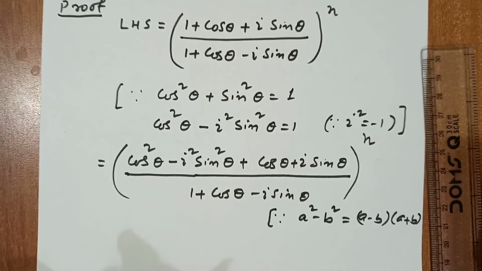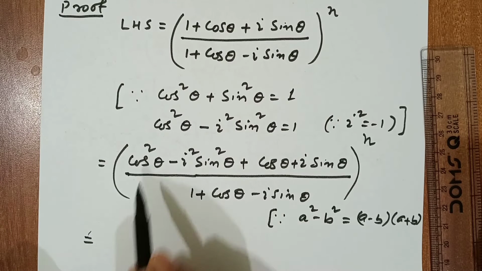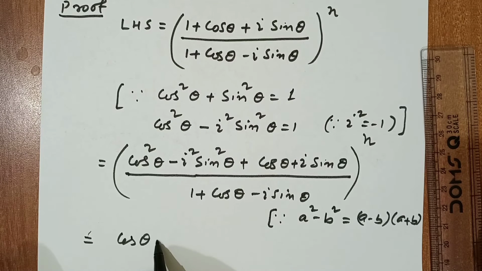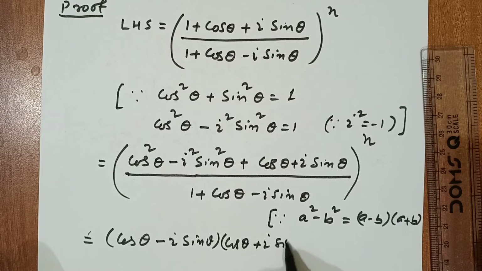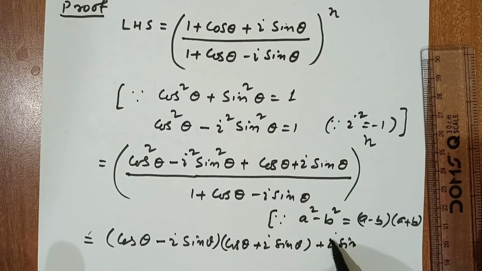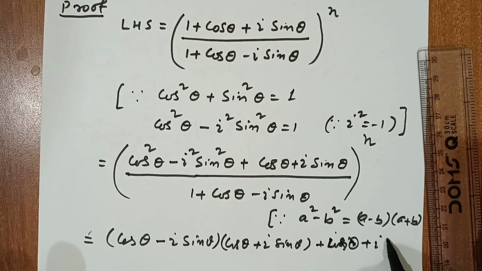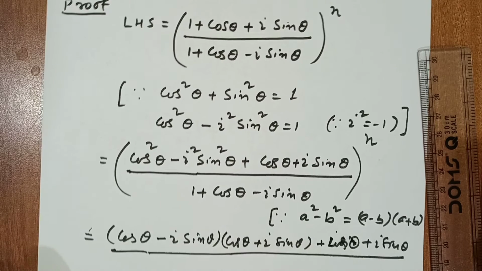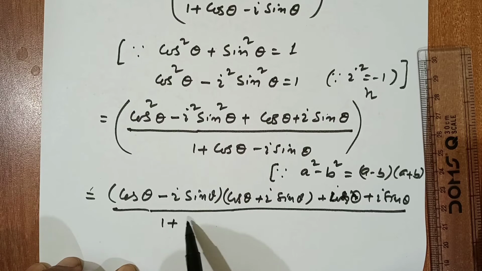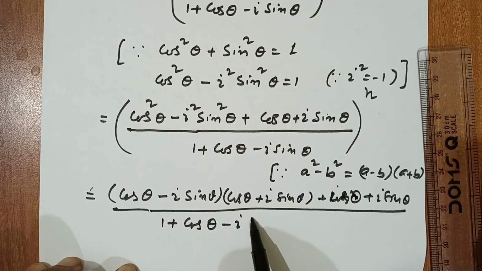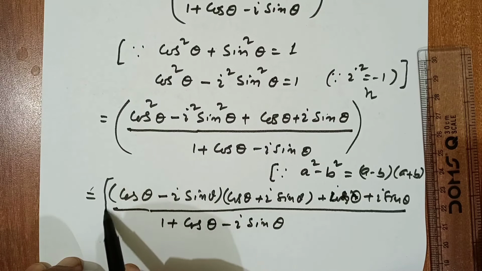By using this formula, we will write (cos theta minus i sin theta)(cos theta plus i sin theta), and this thing as it is, plus cos theta plus i sin theta, upon the denominator as it is, 1 plus cos theta minus i sin theta, whole to the power n.